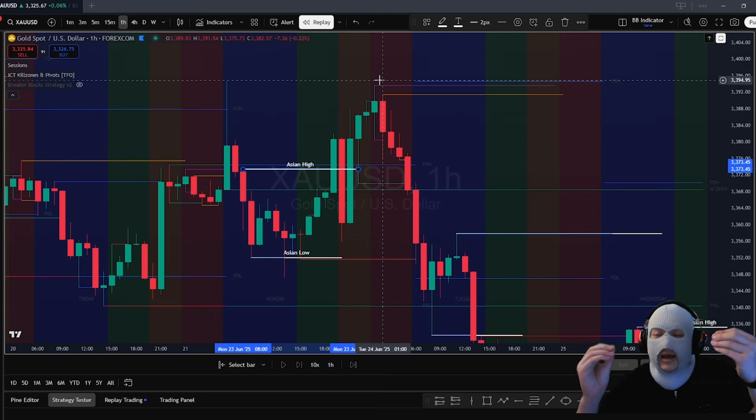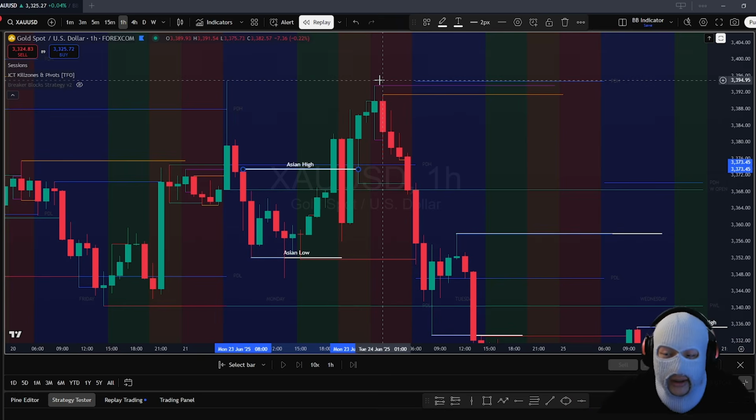Now, can this concept of the Asian high and Asian low body candle closures on the 1 hour time frame be applied to any strategy? Answer is yes. You can use it as a confluence. It doesn't have to be the sole reason to enter a trade, but it can be used as a confluence. You can be using LSCB, you can be using SOL, you can be using TRC, SMC, ICT, retail, support resistance.